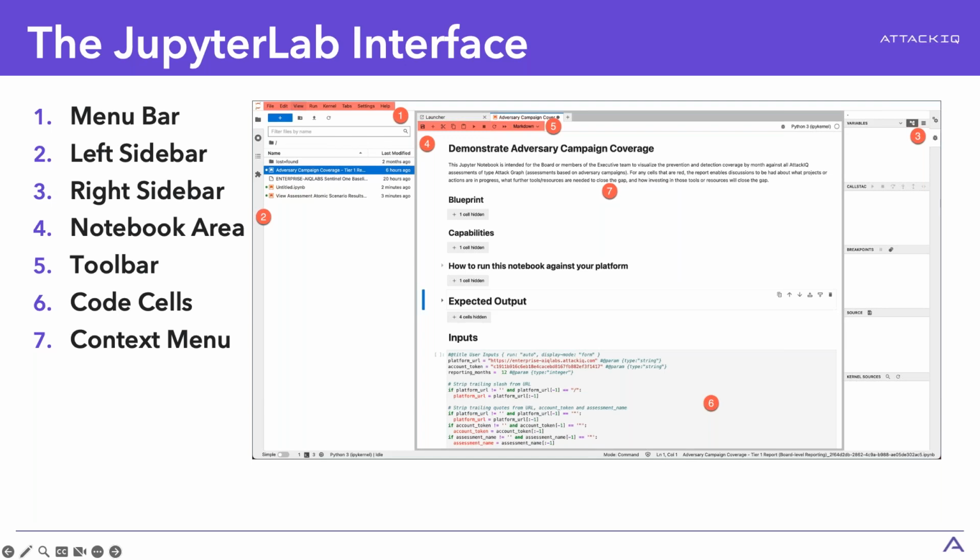And then finally, the context menu, which you won't see here, but you can access by right-clicking on any of the areas I mentioned. If you right-click on the file browser, you can manage any files you created. Or if you click on the notebook area, you can also edit the code cells.